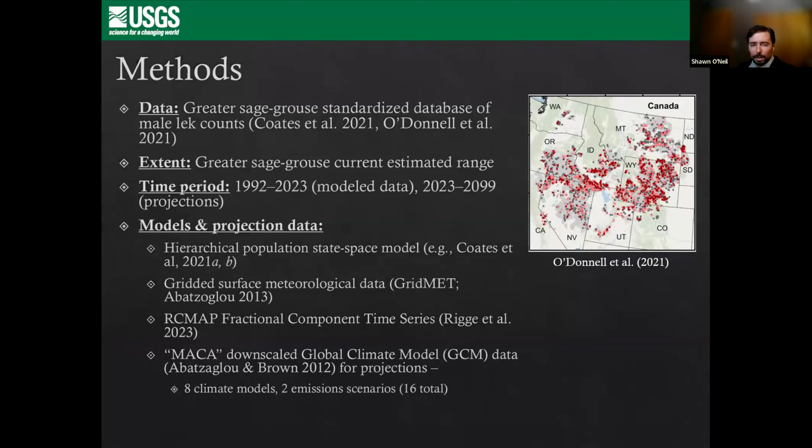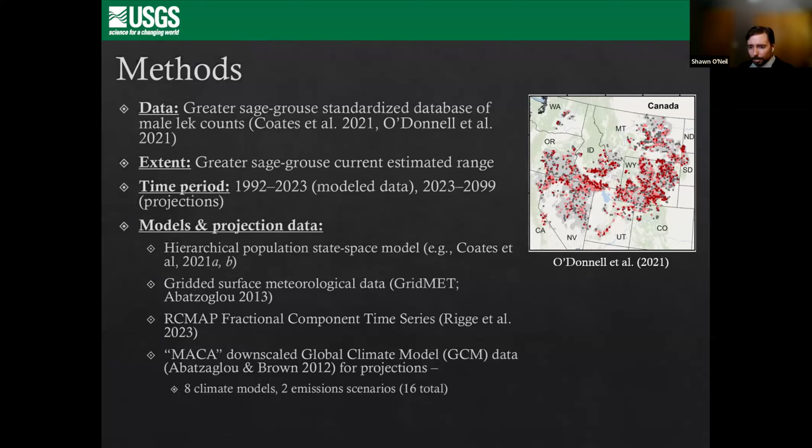Briefly on methods, feel free to reach out for more detail if you're interested. We're using the range-wide standardized lek count database in our population models, subset to years 1992 to 2023 currently. The study area is the entire sage-grouse range. We're using a hierarchical population state space model. We're fitting climate metrics from GridMET and some other environmental covariates to annual sage-grouse population growth.